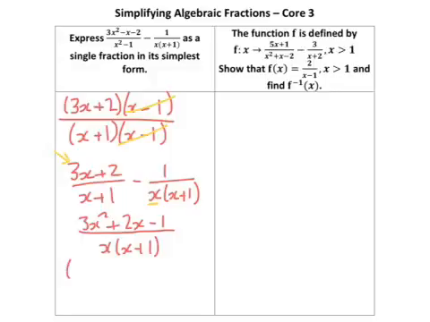So I'm going to factorise this, and we get 3x minus 1, x plus 1. Well, would you look at that? Right, x brackets x plus 1. And again I can do some cancelling, and that's what I'm left with, 3x minus 1 over x. Okay, pretty straightforward, I would say.